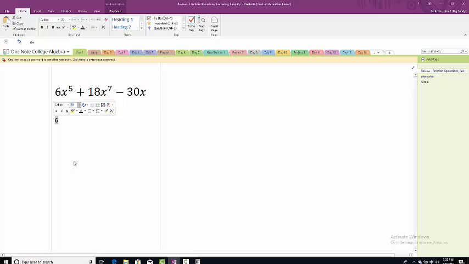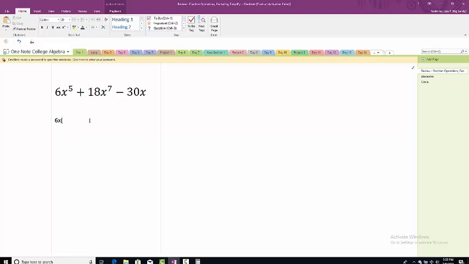And then I'm going to look at my variable terms, x to the 5th, x to the 7th, and x. My variables, they're in each term, and the greatest common factor is x. Okay, notice that even though it's called greatest common factor, the number is smaller than most of them.